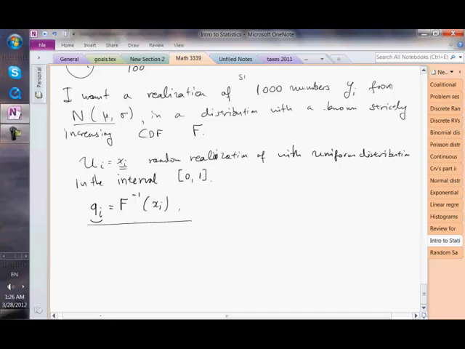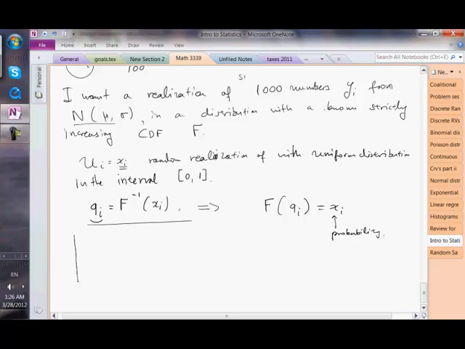Why? Because if I use F of Q sub I, this is the X sub I, which represents probability, values between 0 and 1.